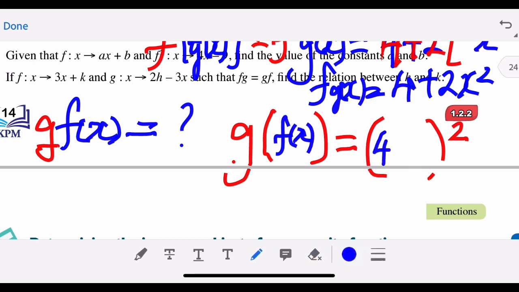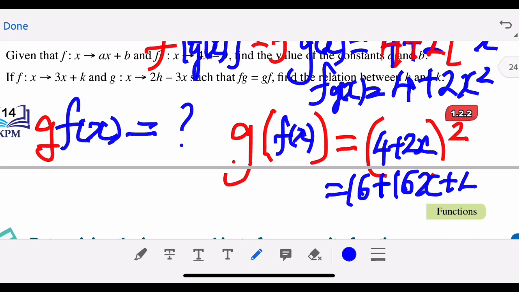So it's better for you to write at the left. Then you need to simplify the answer, which is 16 plus 16x plus 4x squared. Alright, this is the answer for gfx.